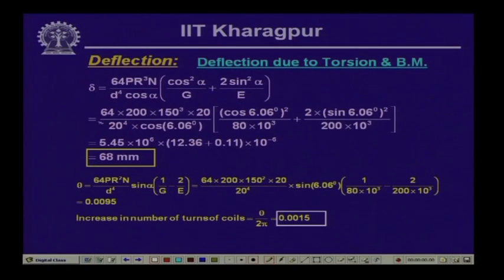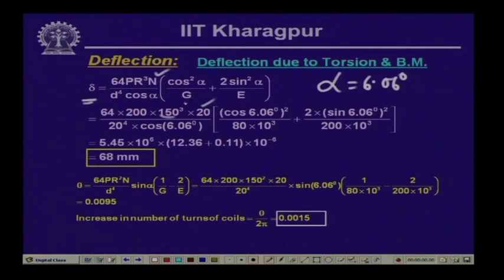Now, as we have seen, the expression for deflection delta is equal to 64 P R cube n by d to the power 4 cos alpha into (cos square alpha by G plus 2 sin square alpha by E). And as we have seen, the value of alpha we have computed as 6.06 degree, and other values are given. The number of turns is given as 20, capital R is 150, and the load P is equal to 200 Newton.